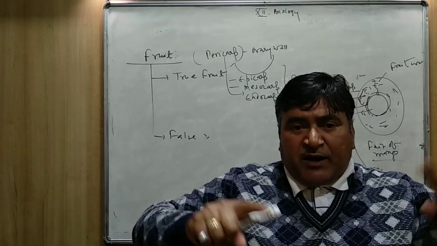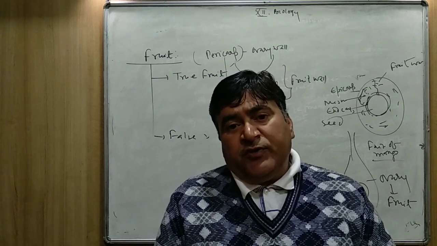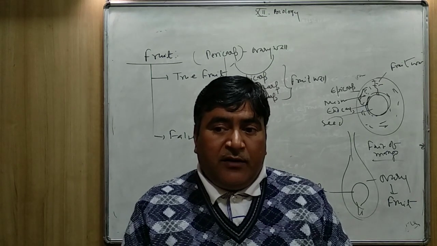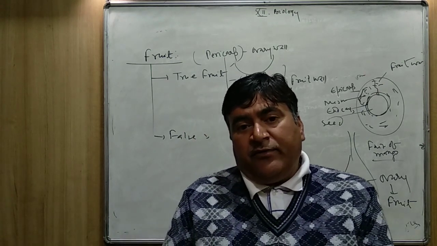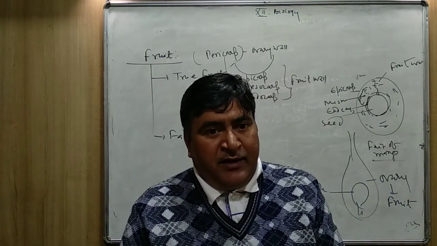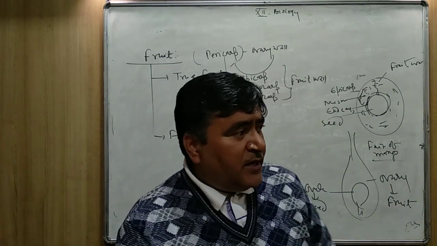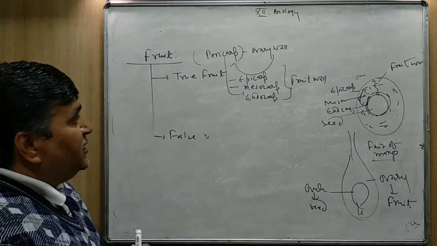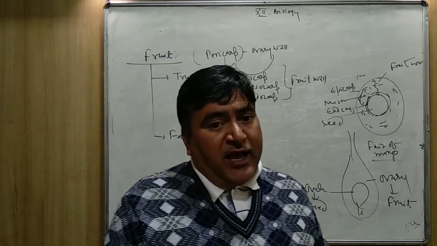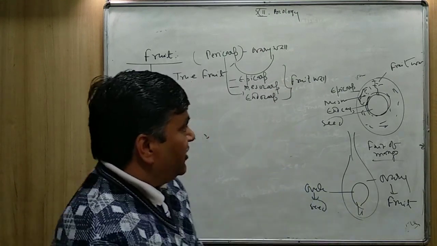Along with the ovary, some other parts like the thalamus are also associated with the fruit formation. Like in the case of apple, the fruit is a false fruit. The part you generally consume in apple is actually the thalamus. So if the fruit is produced by some other floral parts like the thalamus, this kind of fruit is known as false fruit.